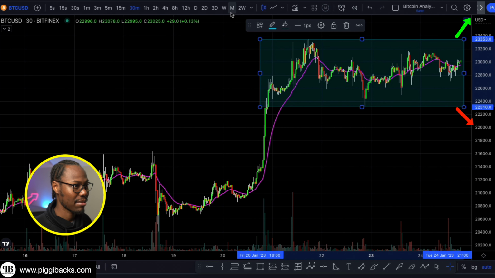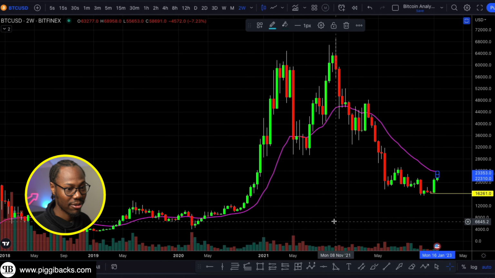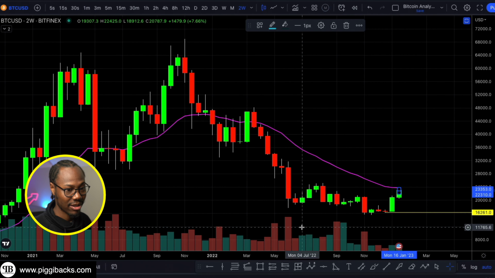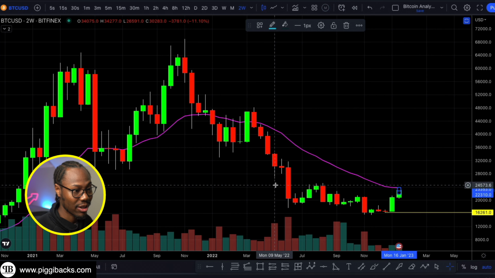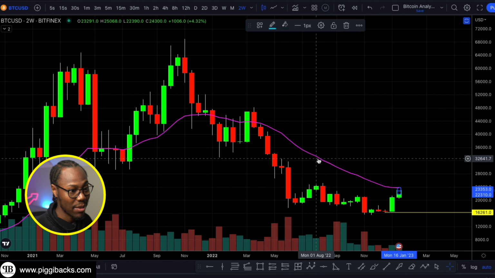So just to recap, as long as we stay above this yellow line right here, so above $16,261, the MACD crossover on the 2-week chart, which is bullish, would be validated. And if we cross over this 21 EMA and remain above it, it increases the probability of a bullish market, so a bull trend that will most likely be a bull run in the upcoming weeks and months.